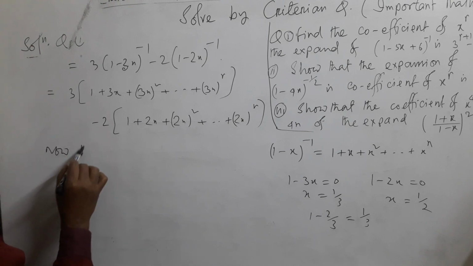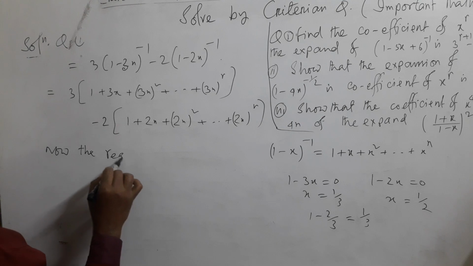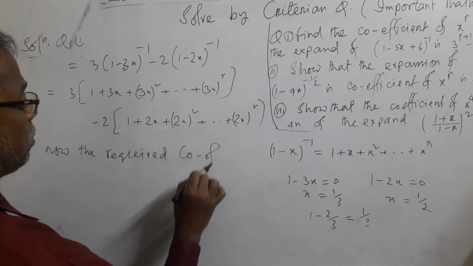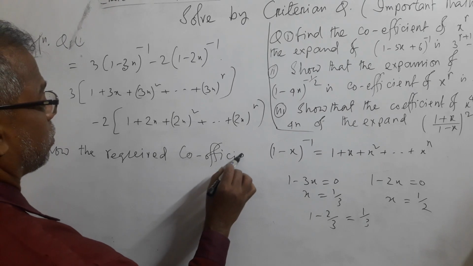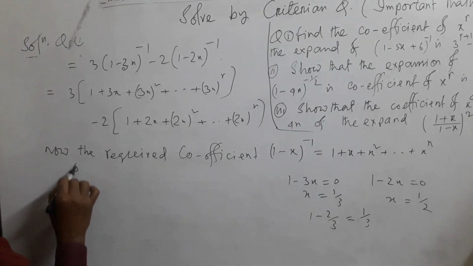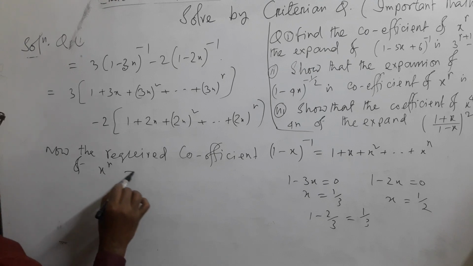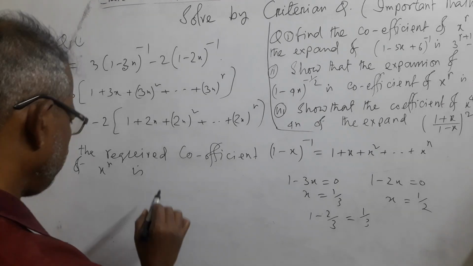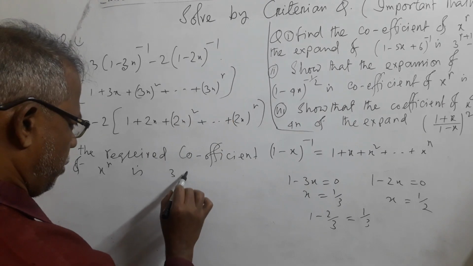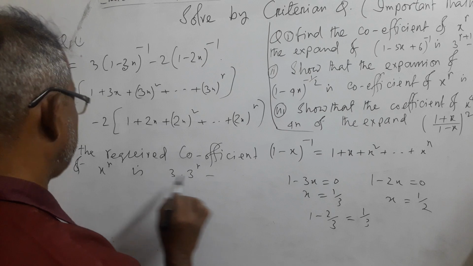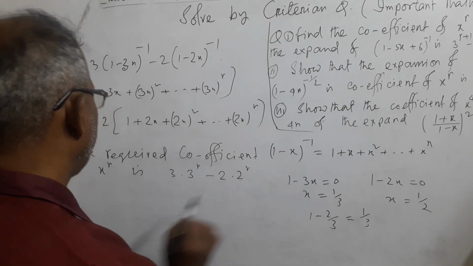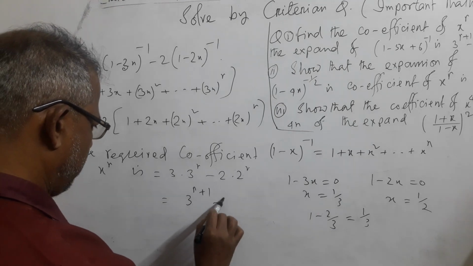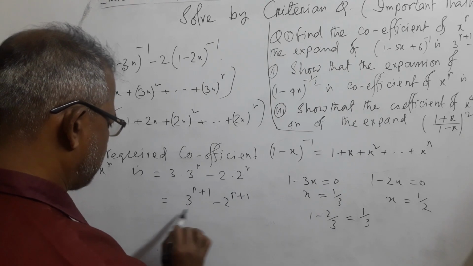Now the required coefficient of x to the power r is 3 into 3 to the power r minus 2 into 2 to the power r, which equals 3 to the power r plus 1 minus 2 to the power r plus 1.